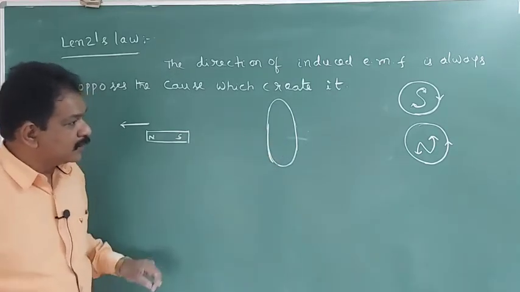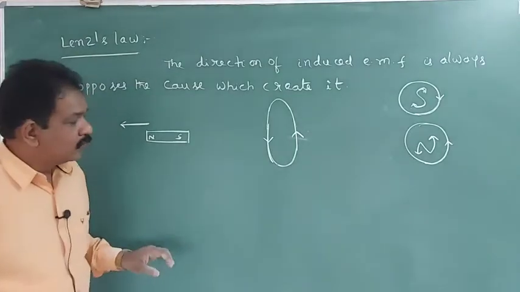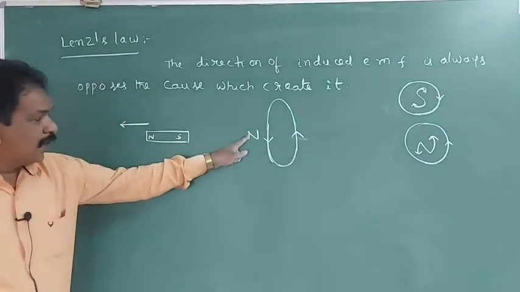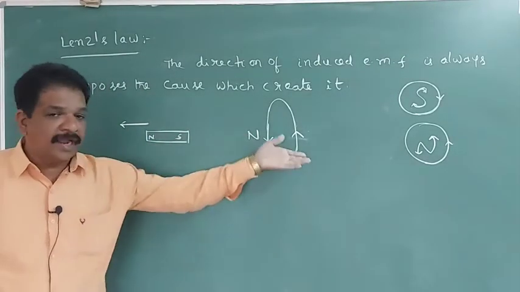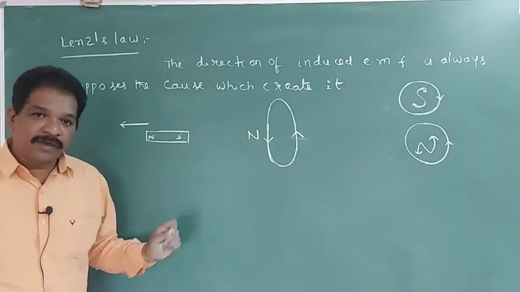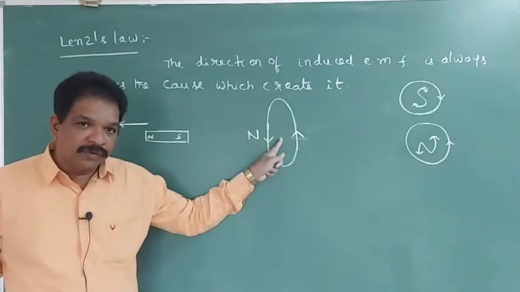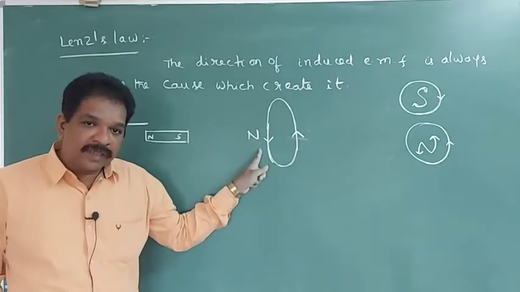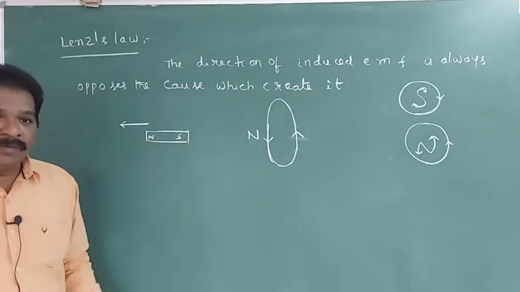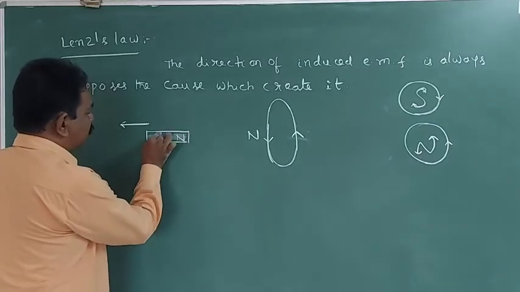Now the current in the coil will be in anti-clockwise direction, so this face will behave as a north pole. This north pole will try to attract the south pole so that its motion is resisted. If the magnet is going away, only then is this current produced. Because of this current, the coil behaves as a north pole, and north and south attract so that the motion is resisted.